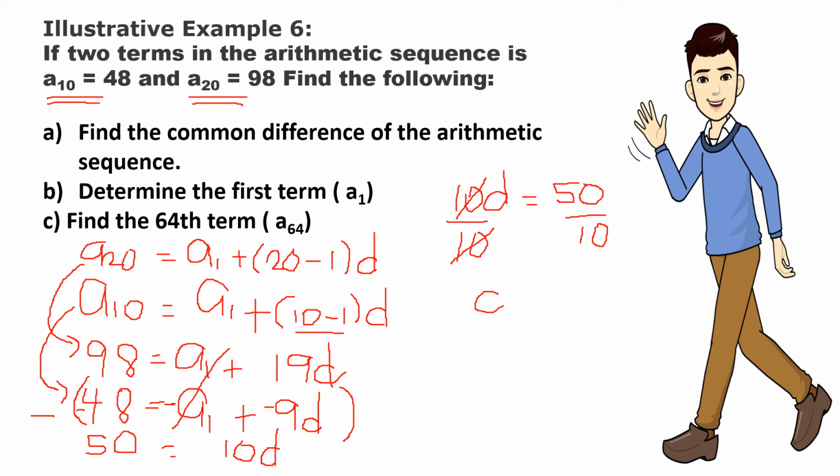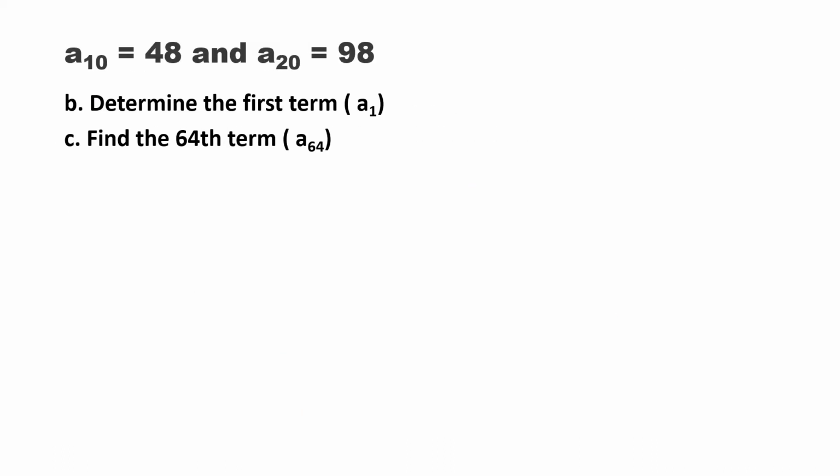So, this becomes 10 divided by 10. The answer is 1D, or D equals 50 divided by 10. The answer is 5. So, this serves as our difference. So, proceed na tayo with letter B and letter C. So, dito, na-solve natin yung ating difference. The difference equals 5.